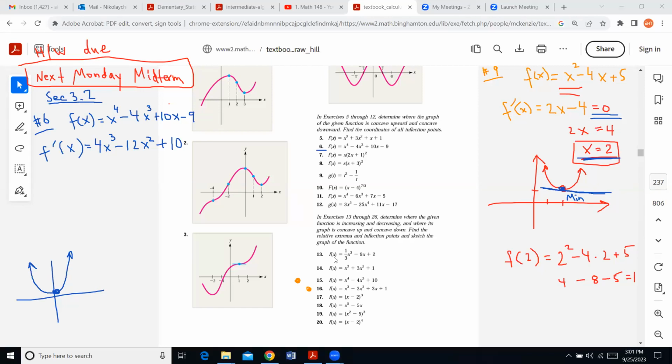And the next step is to set this equal to 0 and try to solve it. So it looks like this exercise will be difficult to solve. And indeed, this exercise is not as nice because for some reason they don't even ask us to graph.